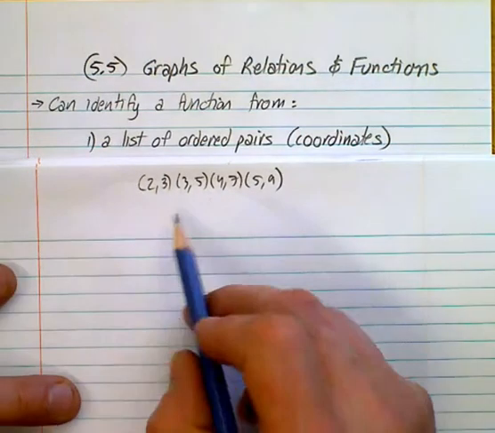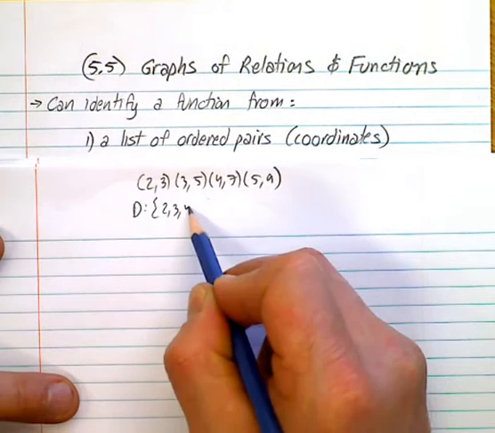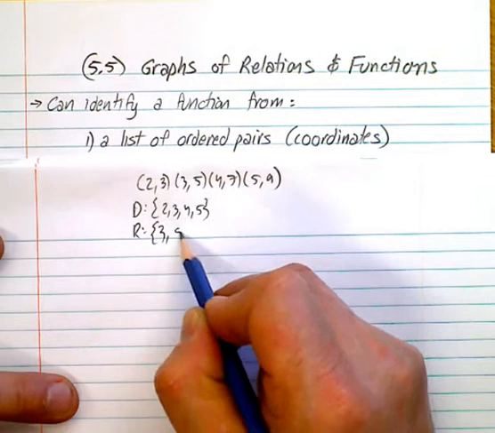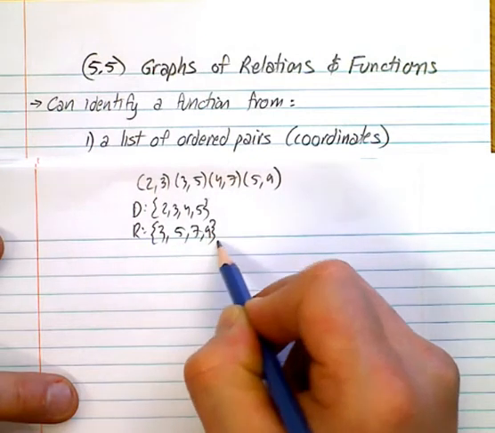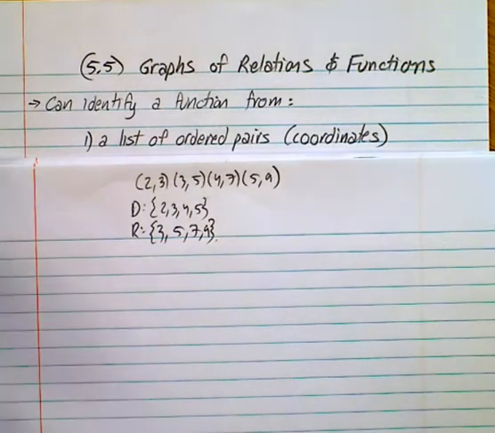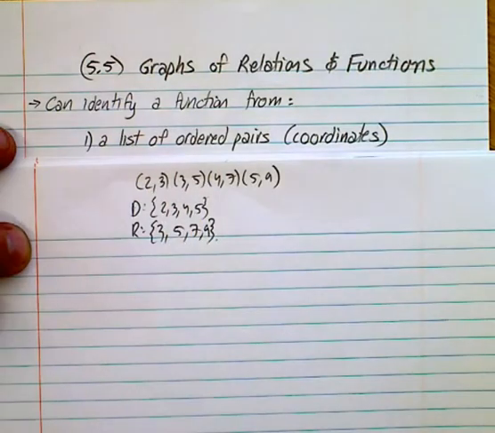So the domain here, if I asked you to state the domain, would be 2, 3, 4, 5, and if I asked you to identify the range, it would be 3, 5, 7, 9. Now you can probably see a bit of a pattern there, and we're going to be looking for those patterns, but you should be able to identify a function from a list of ordered pairs because looking at the domain, they are all different x values, right?